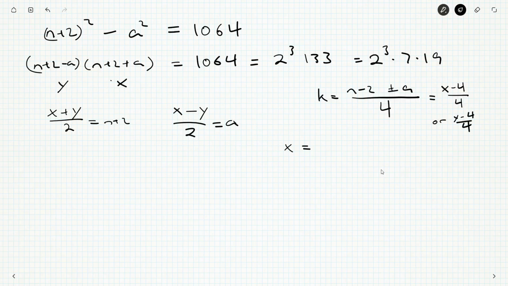Right, because then x is 4k plus 4, and y is 4k plus 4. Those are our two options here. So x is a multiple of 4, or y is a multiple of 4. Okay.